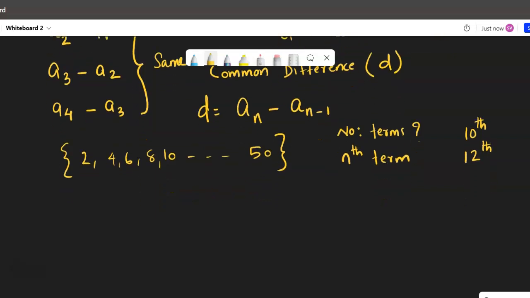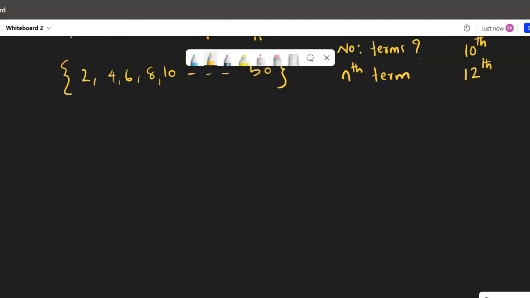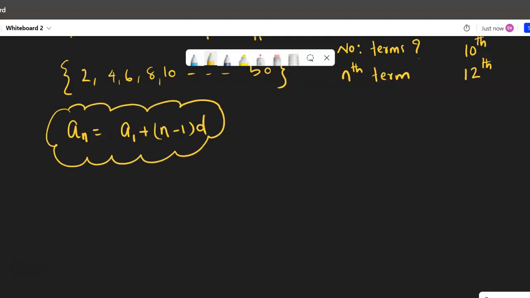For that, we are going to find a formula to find the nth term of the sequence. The nth term can be found by using the formula: an, the nth term, is equal to a1 plus n minus 1 into d.